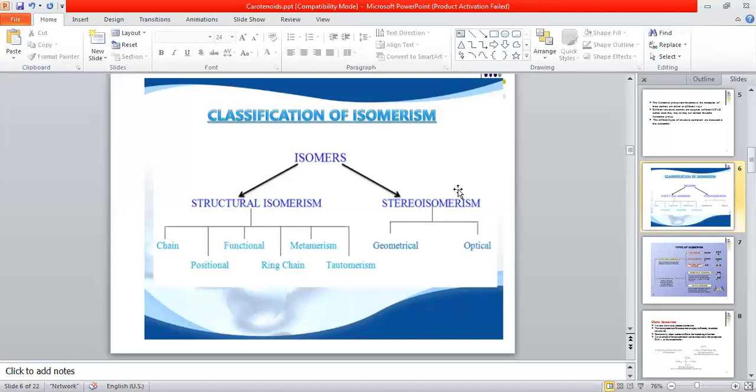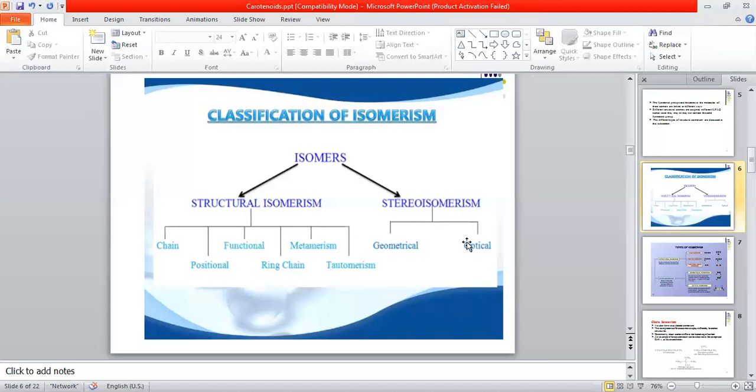It is nothing more than a 3D orientation or arrangement of atoms in a compound. Stereoisomerism is the 3D arrangement of atoms in a compound. It is subdivided into two parts: geometrical isomerism and optical isomerism. I think you have also listed the two types of stereoisomers: enantiomer and diastereomer.